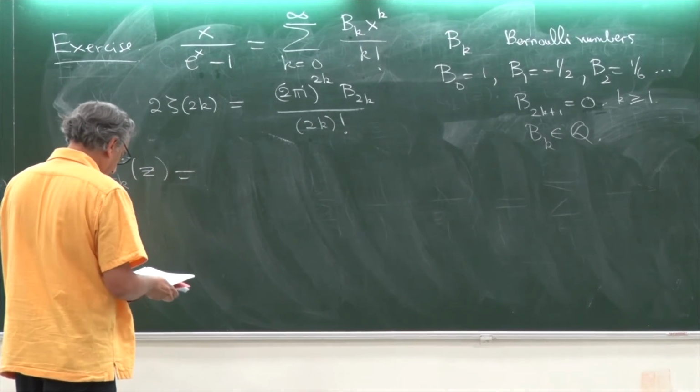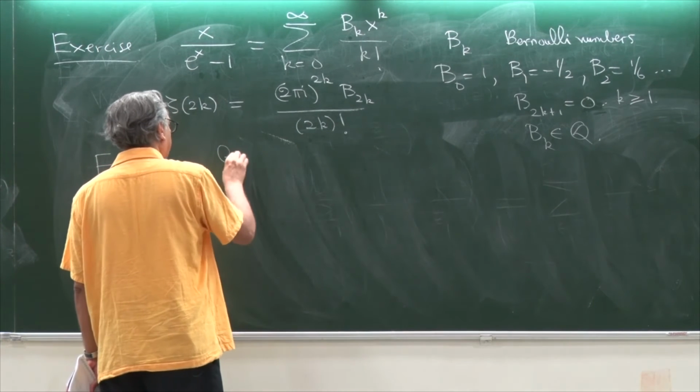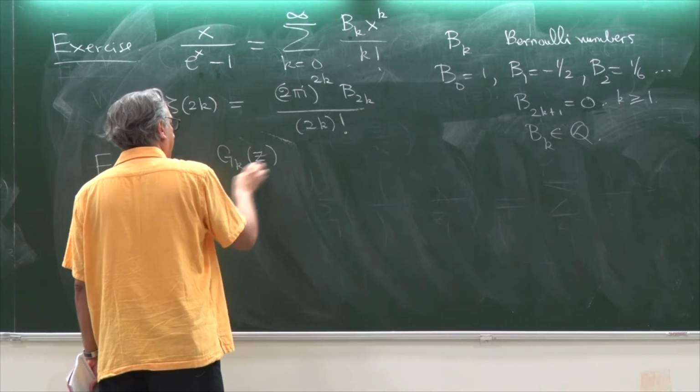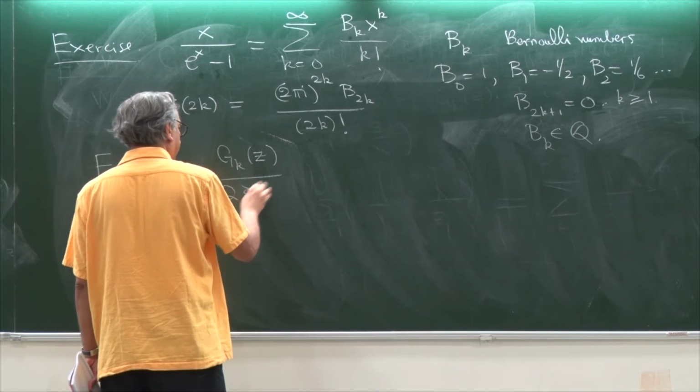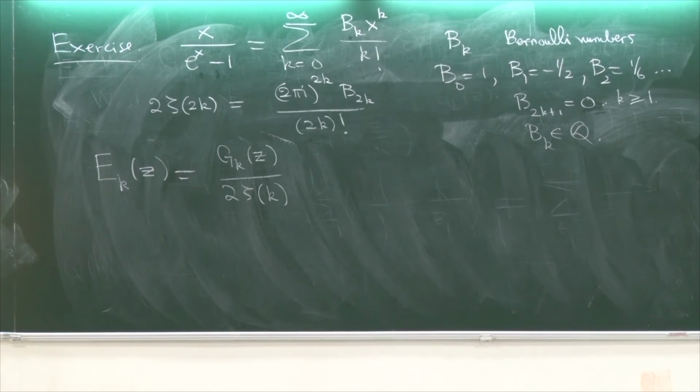And so define e_k(z) to be g_k(z) divided by 2 zeta k. So that's a scalar multiple of a modular form of weight k, therefore it's still a modular form, but it has the property now that it's 1 at infinity.